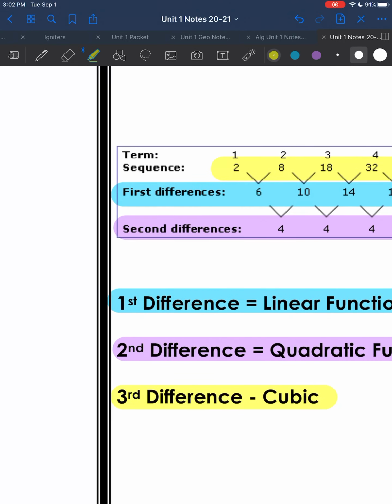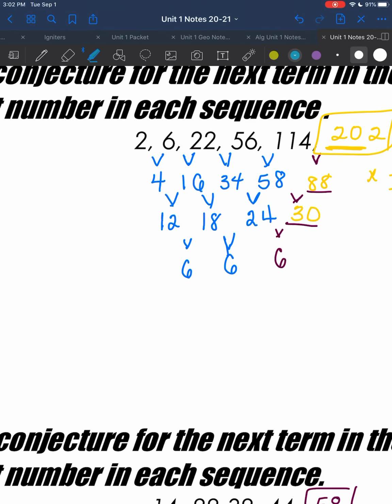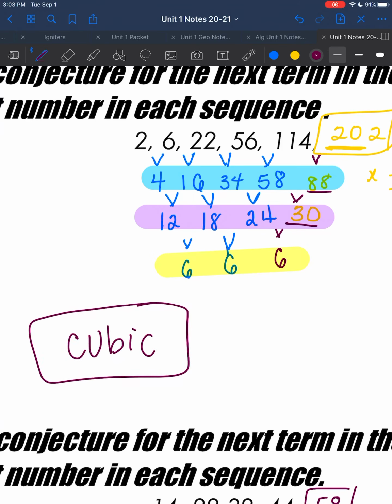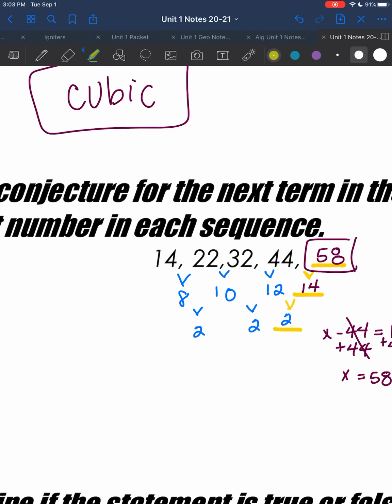So if we look at these problems that we did, this would be my first difference, this is my second, and then here is my third. So they're the same at the third difference, so that would make this a cubic function, okay, or sequence.